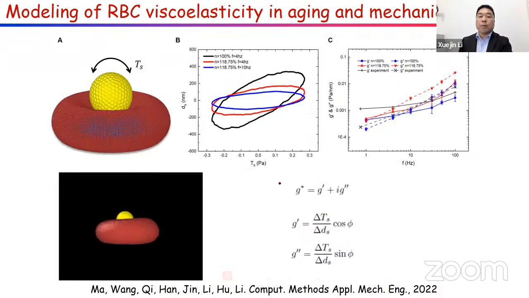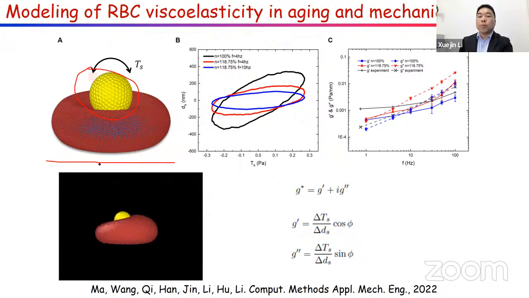Finally, we probe the dynamic response of the red blood cells in different loading modes using optical twisting cytometry. And in the model setup, we just put a solid microbead, the yellow microbead, attached on the top of the cell surface. And the microbead is subject to an oscillating field.